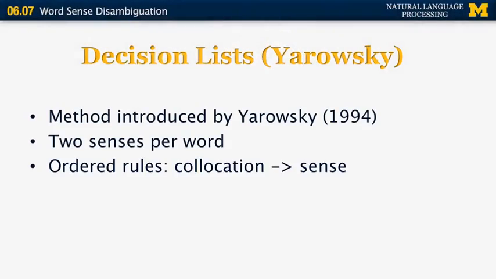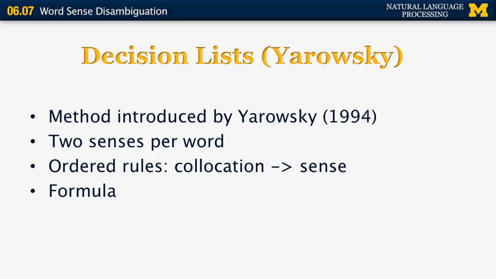Yarowsky's method is based on the idea that we're going to look at only two senses per word, and we're going to try to come up with an ordered list of rules. Collocation gives sense. So if we have a collocation for that ambiguous word, we can automatically determine which sense we have. And the formula that is used for ordering those rules in the decision list is the following.